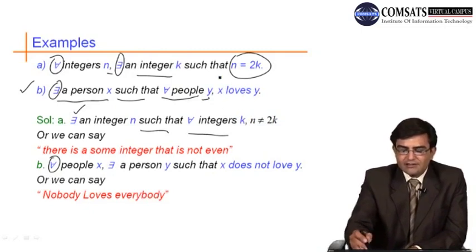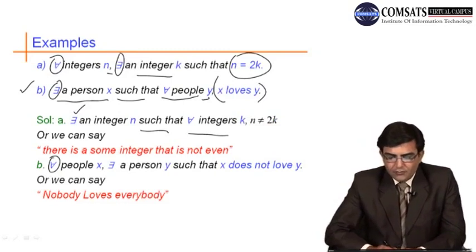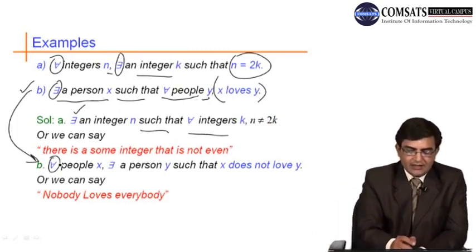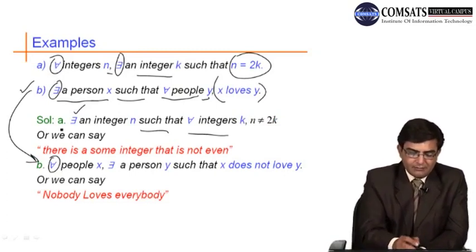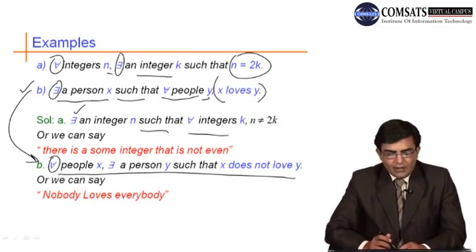What is the negation of x loves y? x doesn't love y. So we have the negation of the statement given in B as this. This is how we can write the negation of multiple quantified statements.